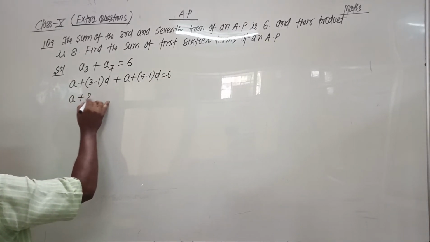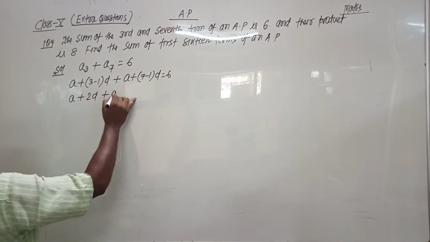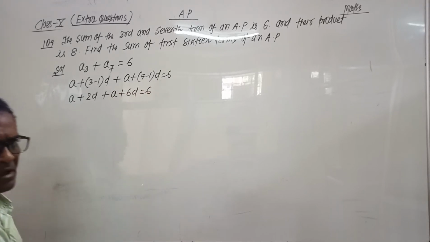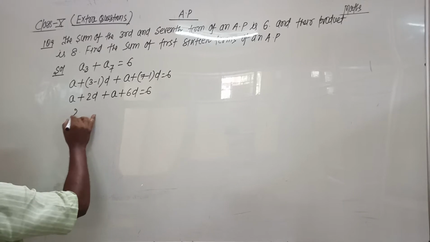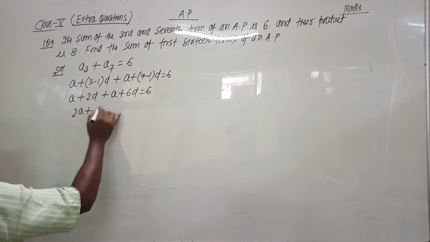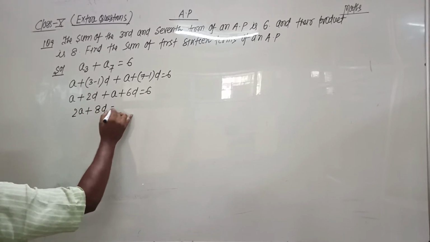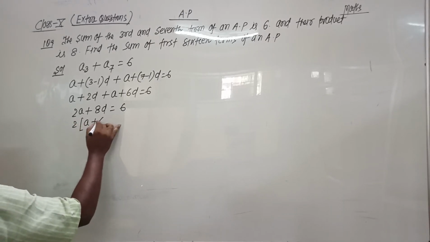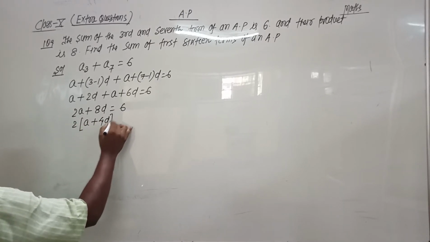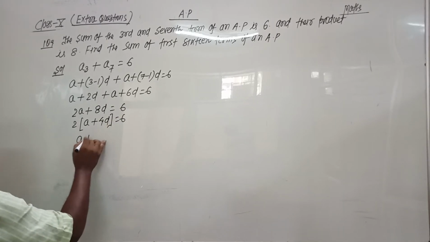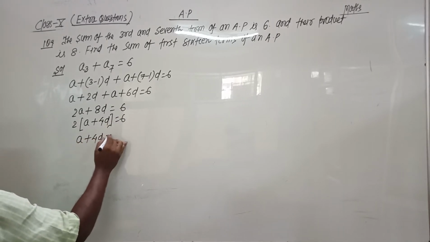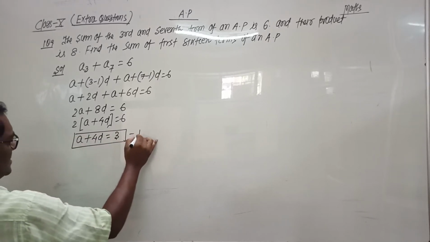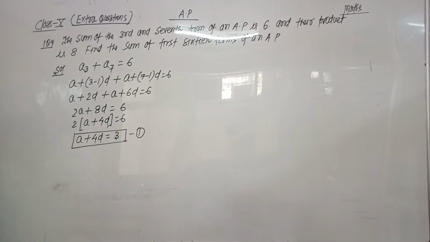So a plus 2d plus a plus 6d equals 6, that is 2a plus 8d equals 6. Taking 2 as common, we get a plus 4d equals 6 divided by 2, which comes to 3.